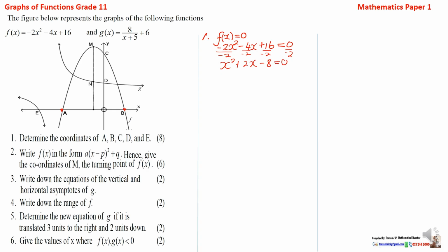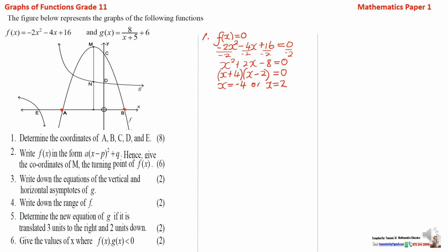Then you can solve the equation using any method of your choice. You can solve by factorization, or by quadratic formula, or by completing the square. In this case, this one has been solved by factorization. So from the first bracket, x = -4, and from the second bracket, x = 2. Those are the two values of x.